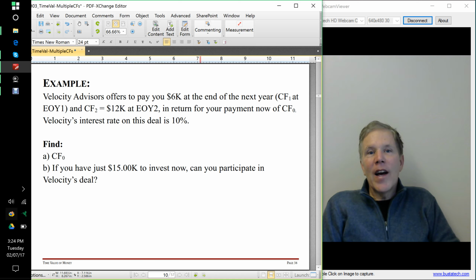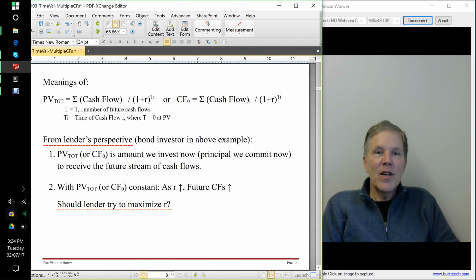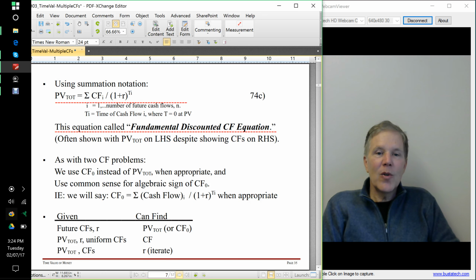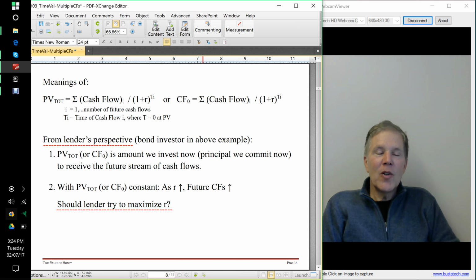So what am I going to ask us to find from our perspective? Well, we know both the future cash flows, 6,000 and 12,000. We know when they happen, and we know the interest rate is 10%. What's the only thing we don't know, jumping back to our fundamental discounted cash flow formula?